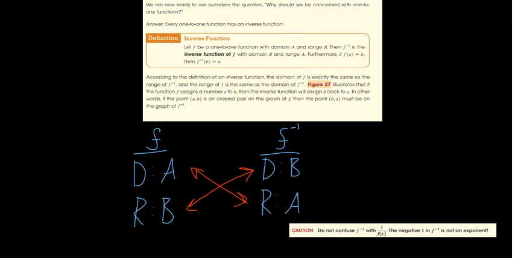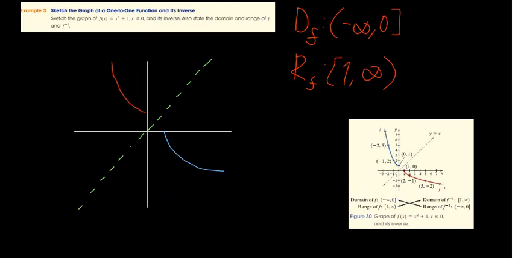Now earlier, I said that if we have the domain and range of one of these, then we can easily say the domain and range of the other because they're just swaps. So this would also be the range of f inverse, and this would also be the domain of f inverse.